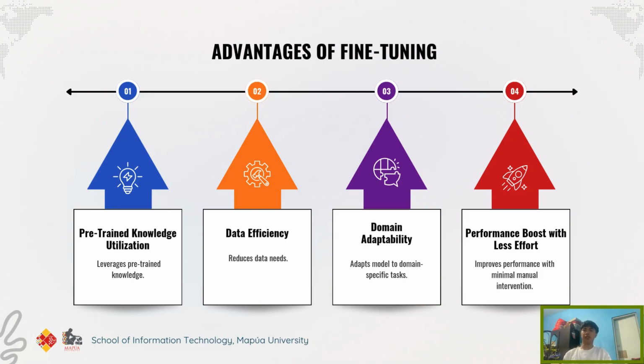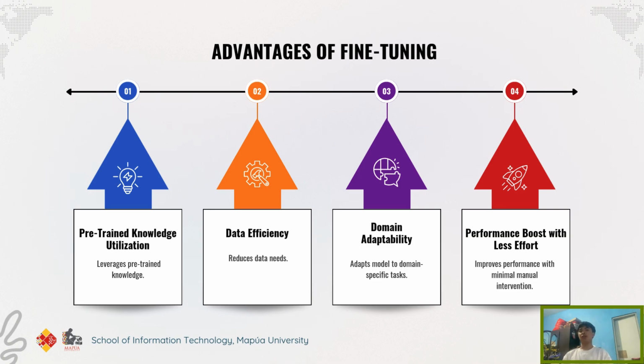Advantages of fine-tuning. Fine-tuning is a crucial technique in deep learning methodology, offering several advantages. It allows for pre-trained knowledge utilization, data efficiency, domain adaptability, and performance boost with less effort. By leveraging pre-trained models trained on large datasets such as ImageNet, the model can understand generic visual concepts.